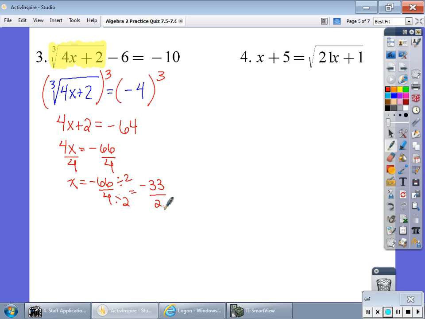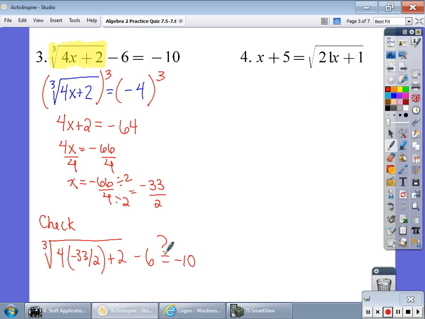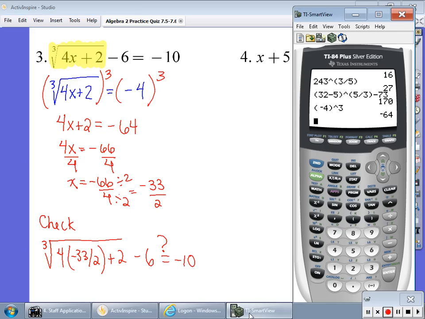Now I need to check my answer. And so I need to do the cube root of 4 times negative 33 over 2 plus 2, and then I need to subtract 6. Does that equal negative 10? So we do the cube root.